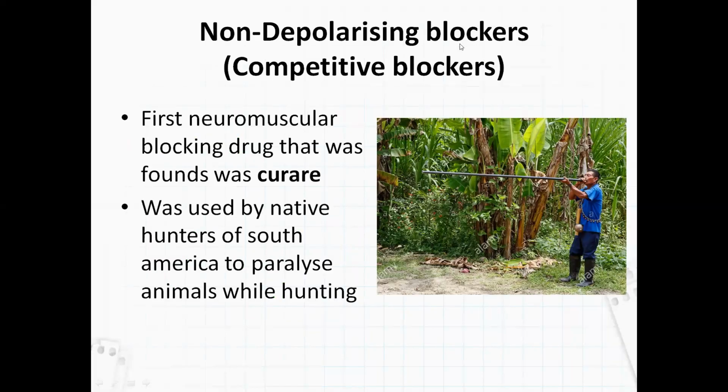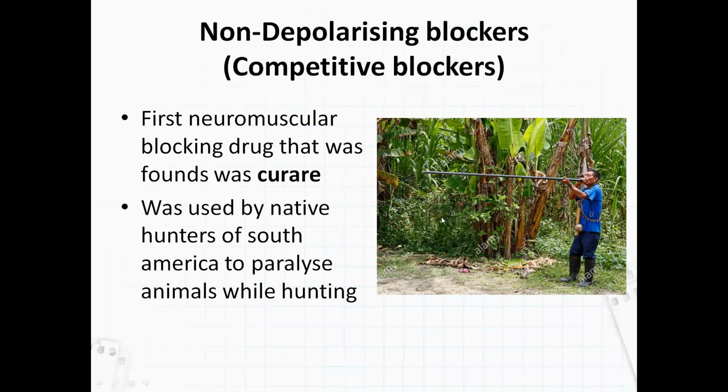Now coming to non-depolarizing blockers, also called competitive blockers. The very first neuromuscular blocking drug that was found was curare. This curare was used by native hunters of South America to paralyze animals while hunting. See in this diagram, just to show you how they used the curare. They applied it to the end of the arrow and blew it through this pipe.